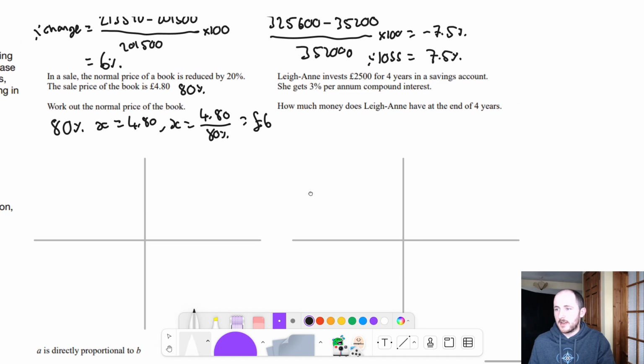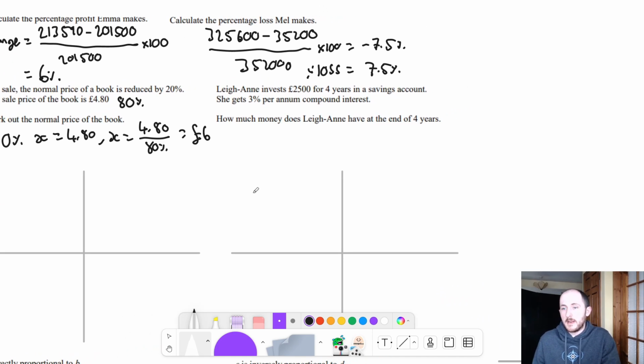For compound interest, here is the formula. All you're going to do is you take the original amount, 2,500, you times it by the percentage. Now here's the key thing, right? The original amount is always 100%. If I times something by 100%, it stays exactly as it is. So interest is always an increase in value. So a 3% compound interest means you're getting 103% of your money every single year.